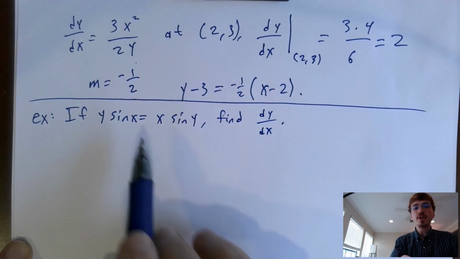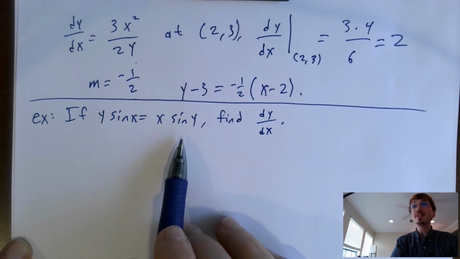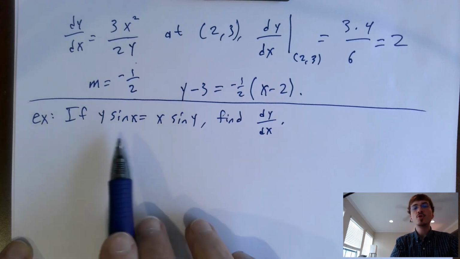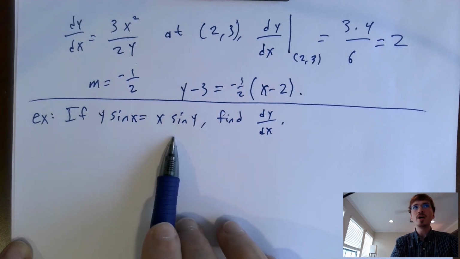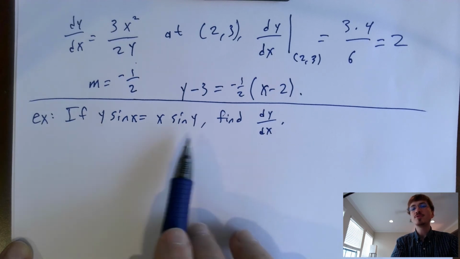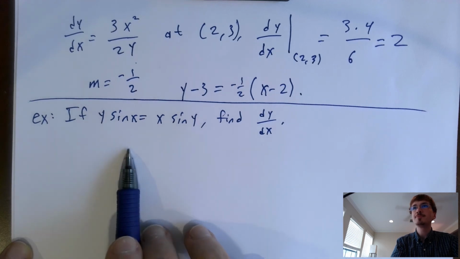And before we jump right in, note that we can't solve for y explicitly as a function of x. We need to differentiate implicitly because we cannot solve for y explicitly as a function of x. So pause the video, try to do this yourself. The strategy is the same. Differentiate both sides with respect to x, and then solve for dy/dx. Give it a shot.